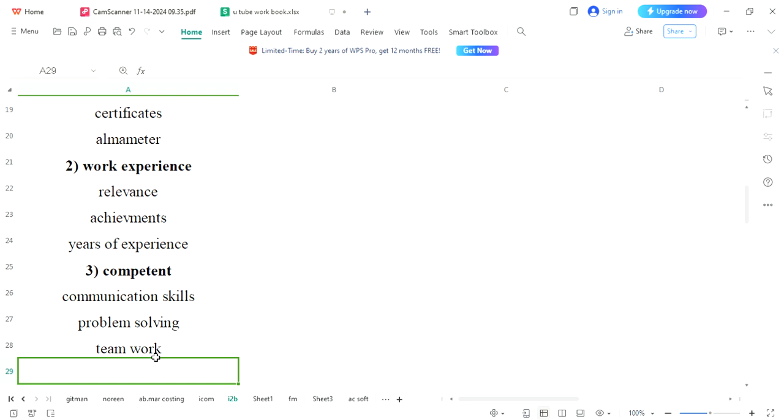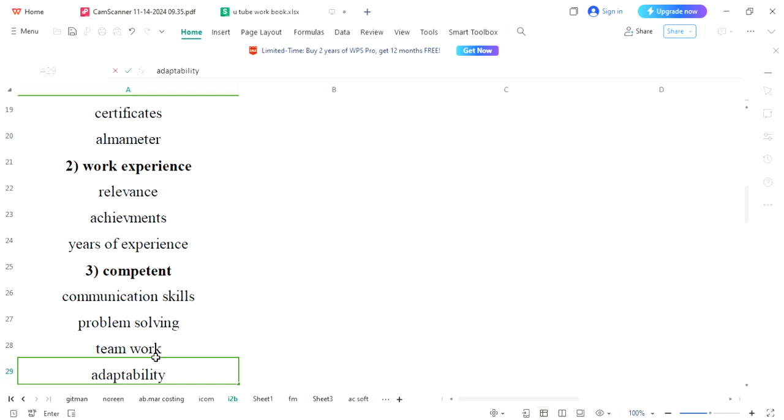So you will see whether he can accept different demographics, different cultures in the organization, whether he can mix up as a team, or if a person is not able to mix up, we will consider him unqualified or not competent.